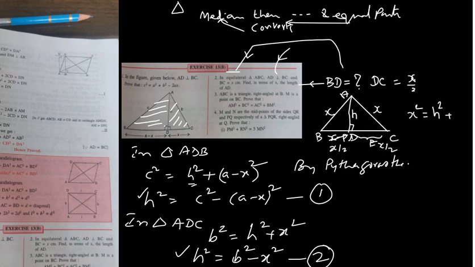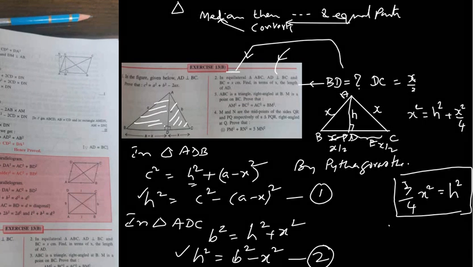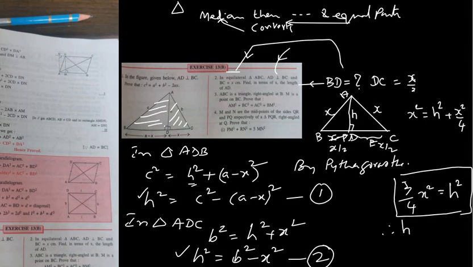Sorry, 3x square by 4 is equal to AB square. Correct. But we want, therefore, h equal to this one. Okay, this is x. Correct.